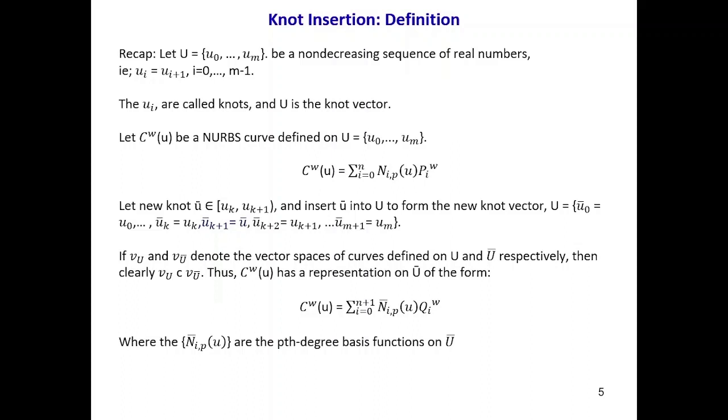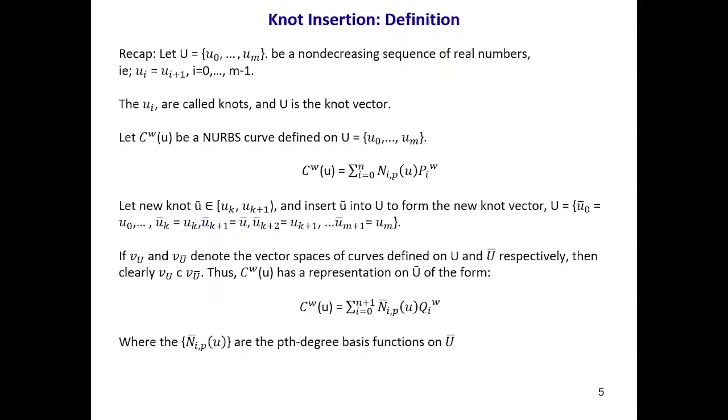Also let C^w(u) be a NURBS curve defined on this knot vector, which is equal to the summation from i = 0 to n of N_{i,p}(u) P_i^w. Here P_i^w are the control points of the curve.